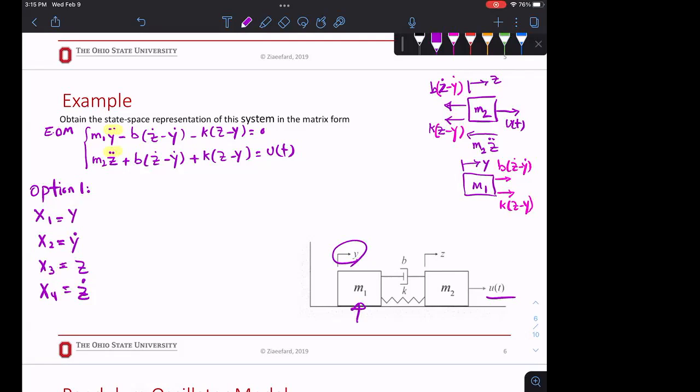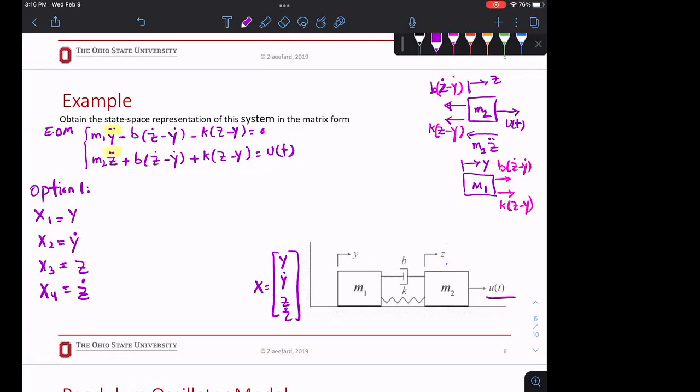For mass number 2, z and z dot, I'm looking at position and velocity of that one. In total, I have 4 variables that I want to measure. I call those variables in a system that I'm trying to measure my state variables. So your state variables are actually y, y dot, z, z dot.